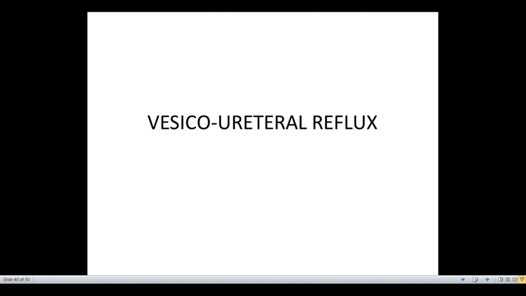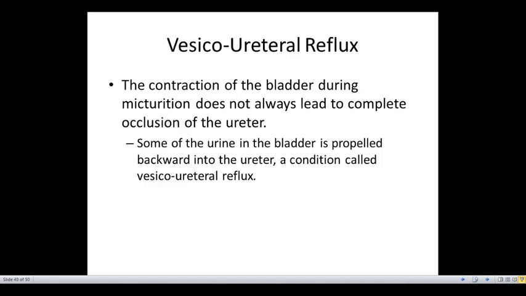Vesicoureteral reflux. Now, in certain individuals, the contraction of the bladder during micturition does not always lead to complete occlusion of the ureter, and therefore some of the urine in the bladder is propelled backward into the ureter, a condition called vesicoureteral reflux.